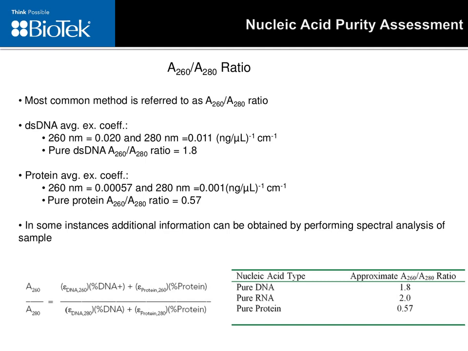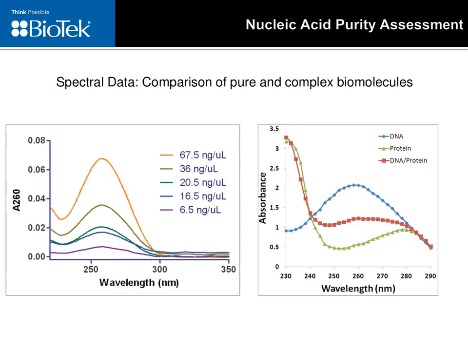So how can we do this using a microvolume sample? If we look at Figure 1, on the left, we can see microvolume spectral scanning analysis representing duplicates of 2 microliter samples of double-stranded DNA in buffer, performed using a Synergy H4 and a Take3 microplate.